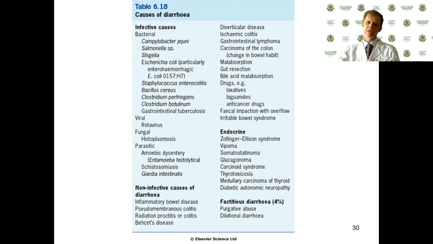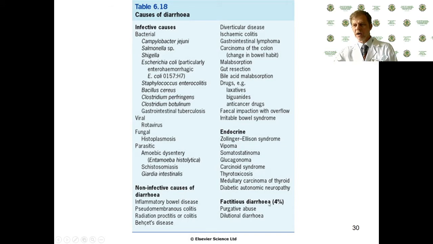You see a lot of possible causes for diarrhea. It may be infective causes, different bacteria like Salmonella, Shigella, and viruses like rotaviruses, for example. It may be non-infective diarrhea: inflammatory bowel disease, diverticular disease and other disorders. It may be endocrine disorders, for example, thyrotoxicosis.